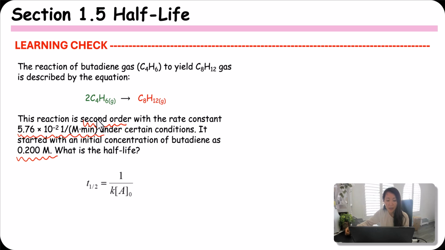So let's go ahead and calculate this out. T half is equal to 1 over k, which is 5.76 times 10 to the negative 2, and then you have the initial concentration of the reactant, which is that. All right, so we can go ahead and plug this into the calculator.